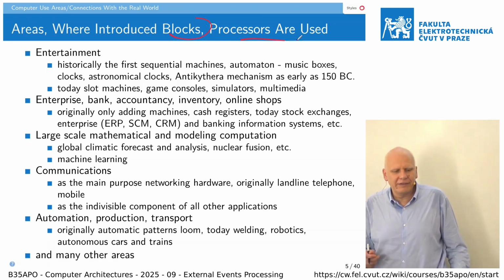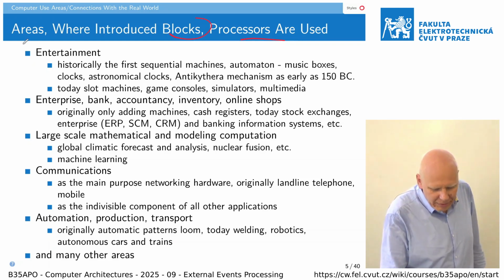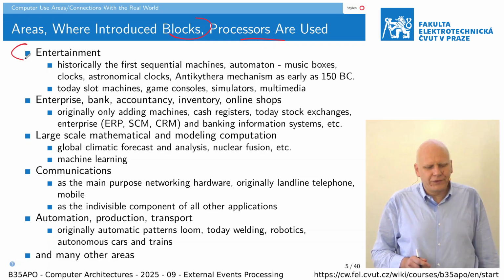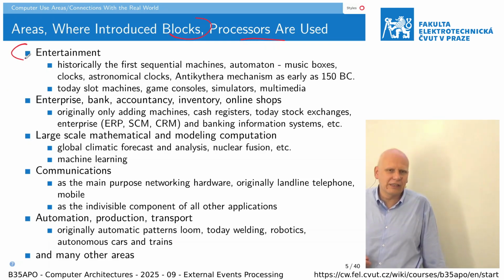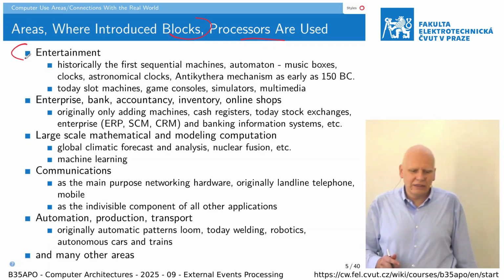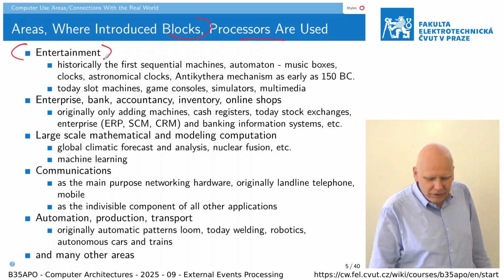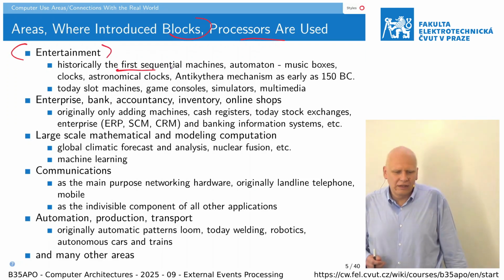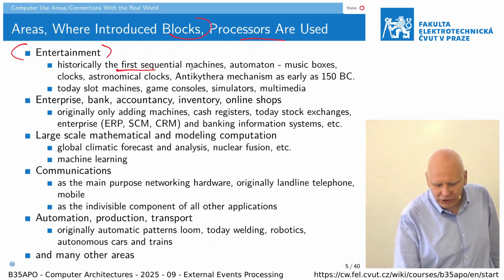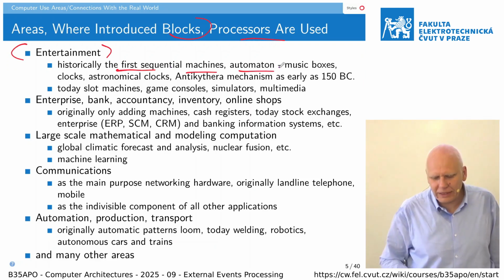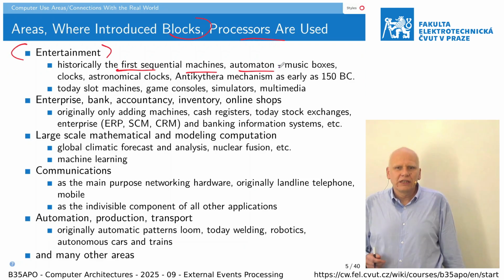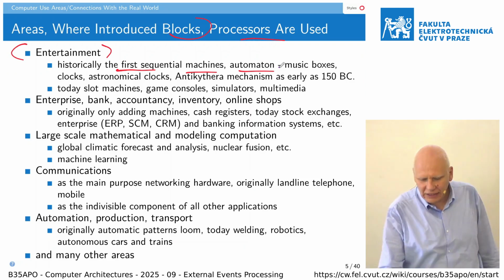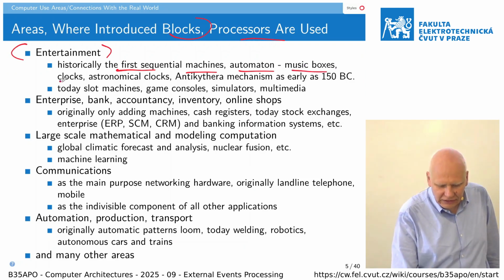And if we continue with those blocks which we have introduced, then we can look where we want to use such a system. So maybe the first one which you have noticed was entertainment, and in fact entertainment was even historically one of the first areas where sequential machines or automatons have been used, because there have been such things like music boxes and clocks.